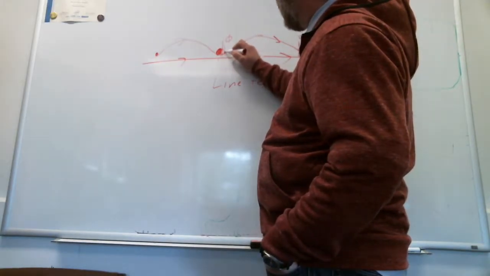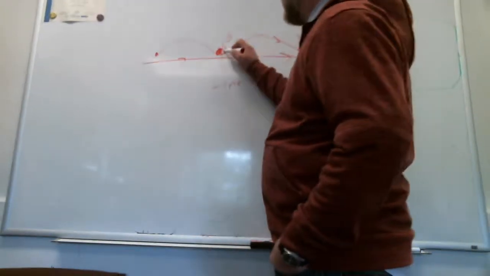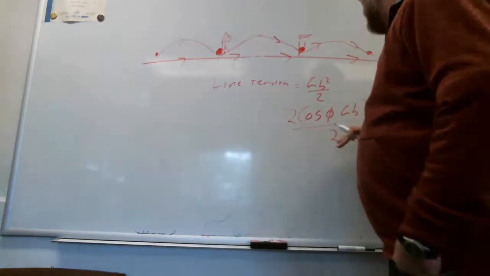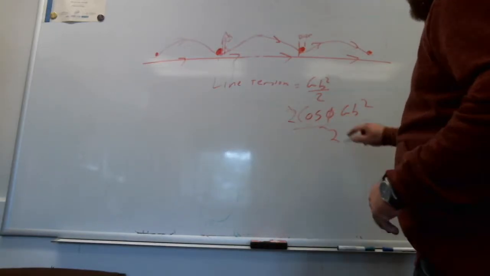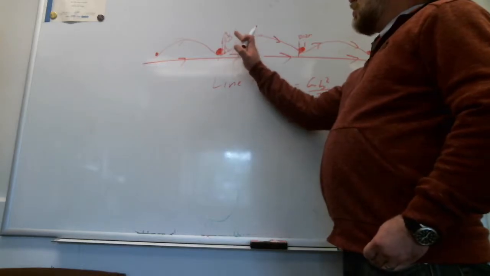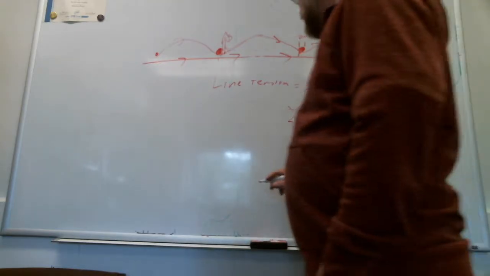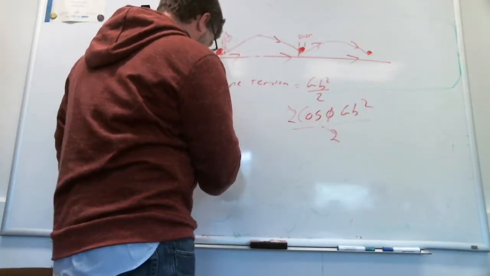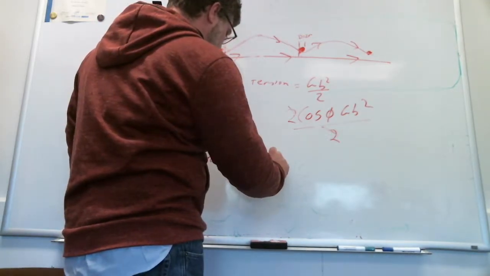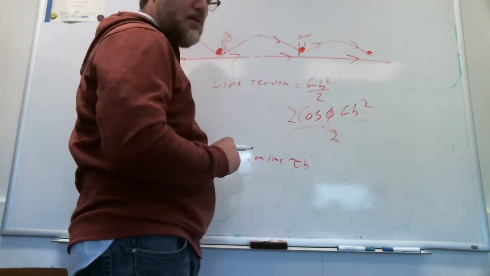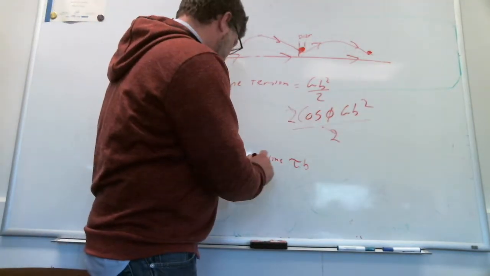We want to know what part of this force is acting perpendicular this way. And so that's this 2 cosine theta Gb squared by 2. Of course, these twos cancel. So now what we want to know is what is the force acting on this dislocation line, and from the Peach-Koehler equation, we know that's tau b, and that's per unit length.